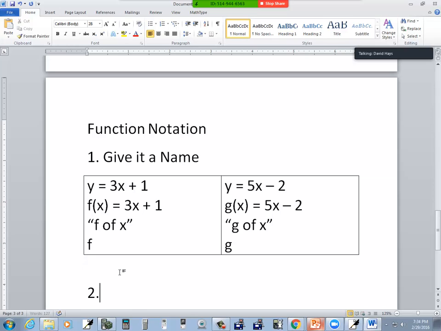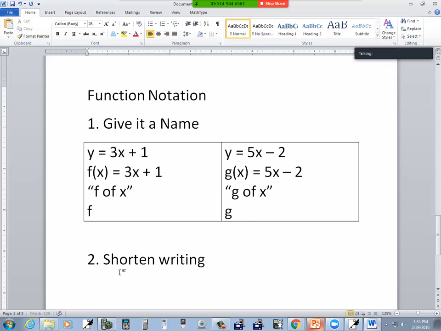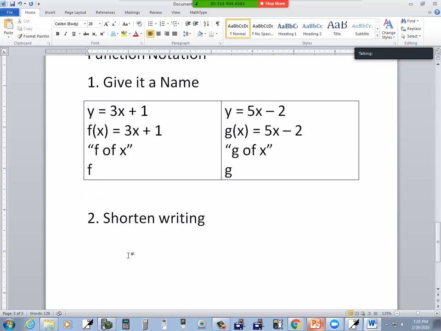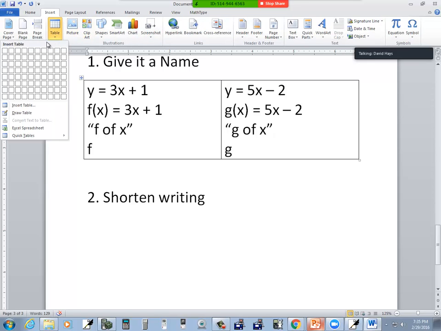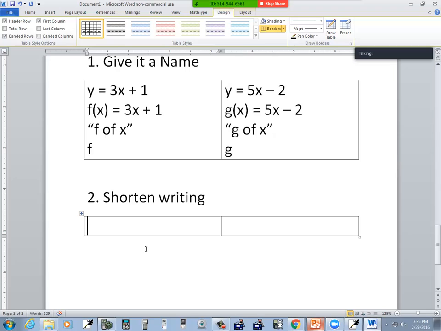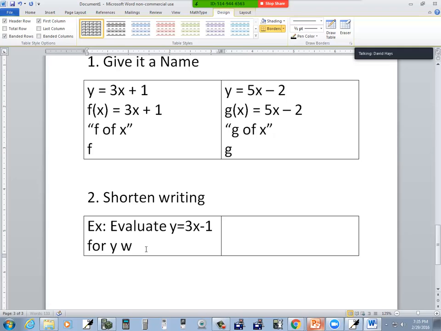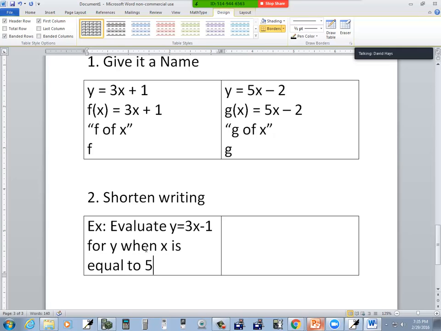Now it's got a second purpose, and this is to shorten writing. Let me show this with an example. We had problems back in previous math courses that said evaluate y is equal to 3x minus 1 for y when x is equal to 5.